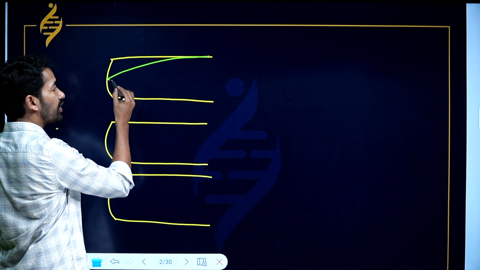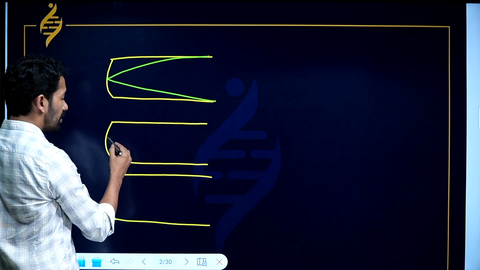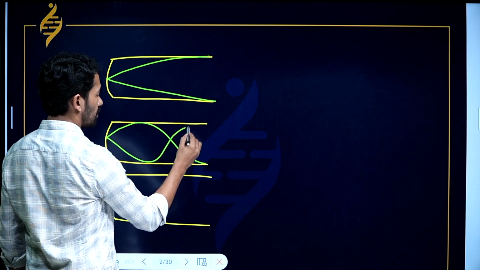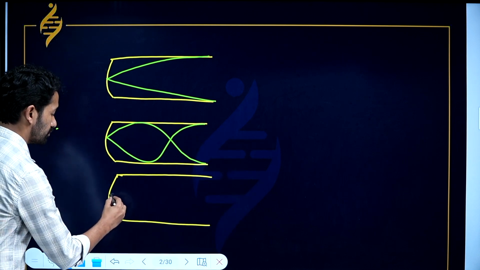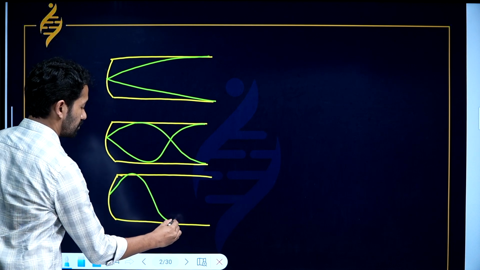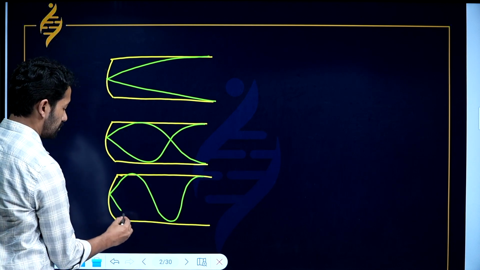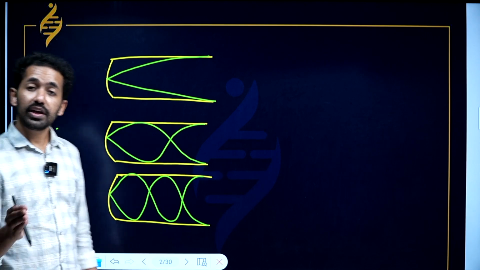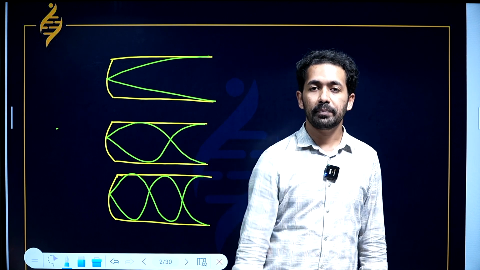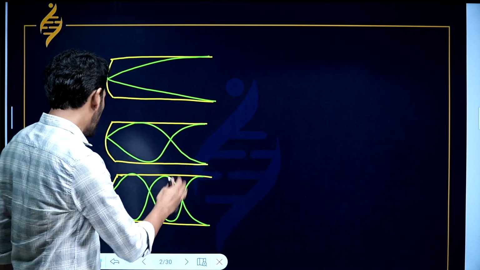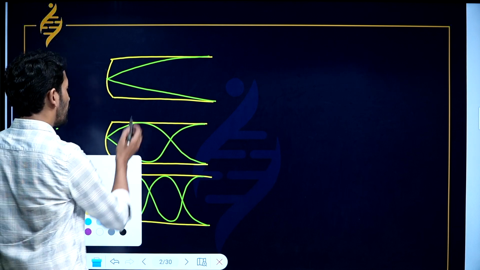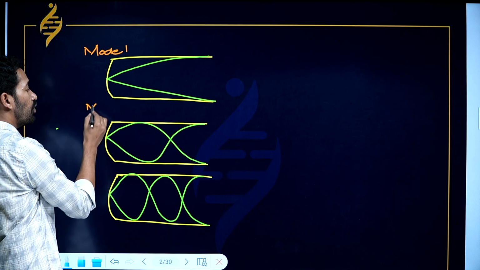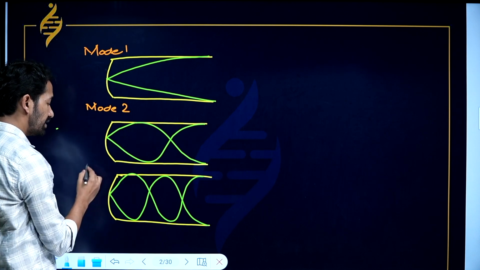So this is the fundamental frequency. So I have 3 modes here. Like we said in the case of an open pipe, here also I am writing mode 1, mode 2, mode 3. So this is mode 1, this is mode 2, and this is mode 3.